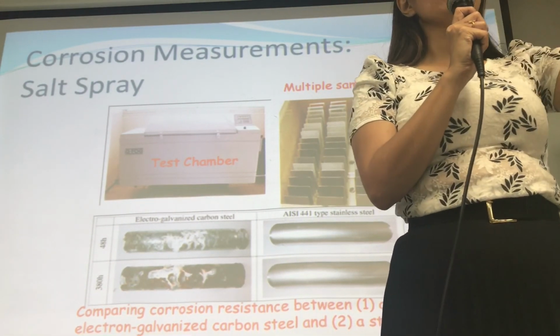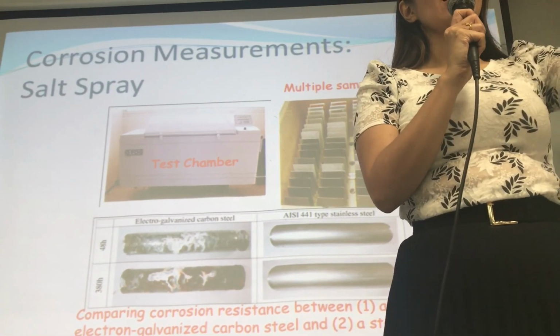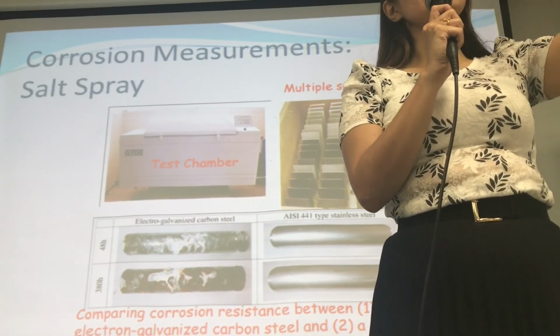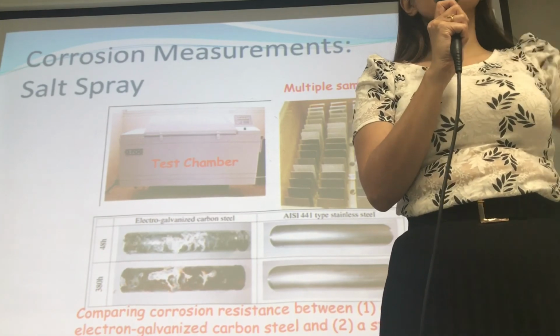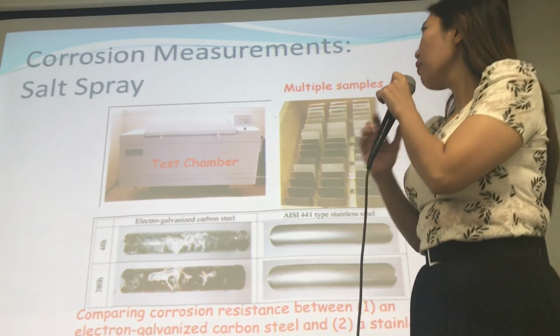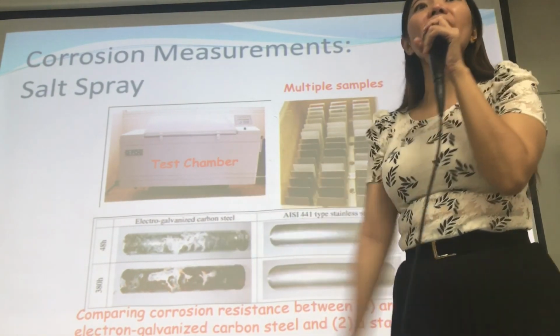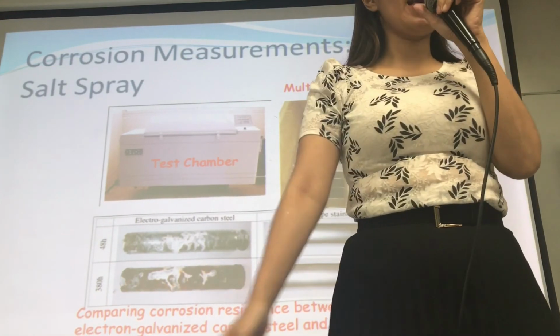We do it in two ways: the first one is the EMF series, and the other one is the galvanic series. And the final part I talked about is the salt spray test.